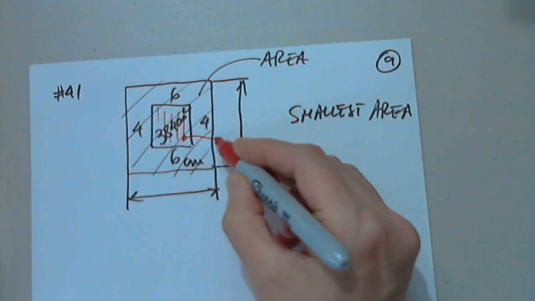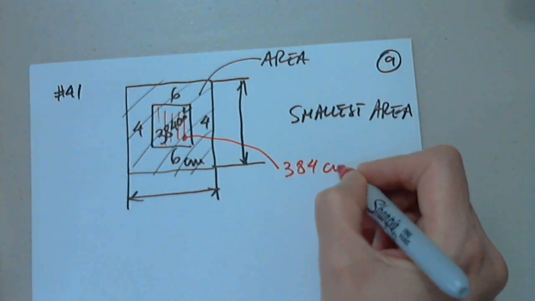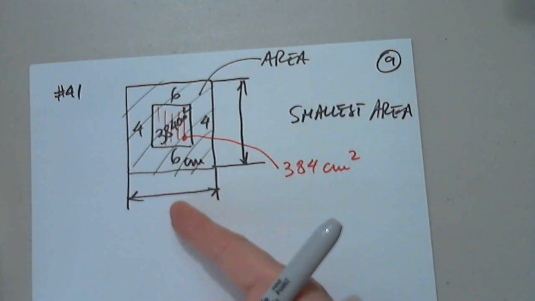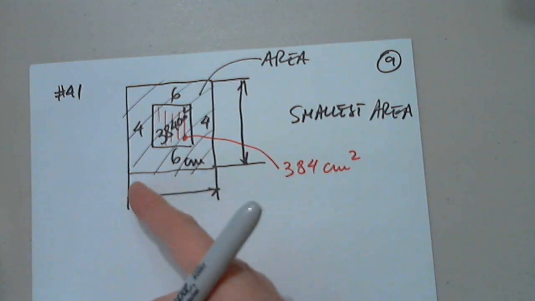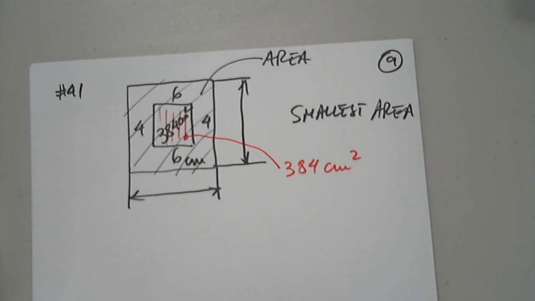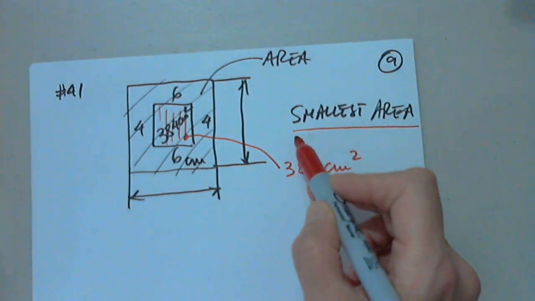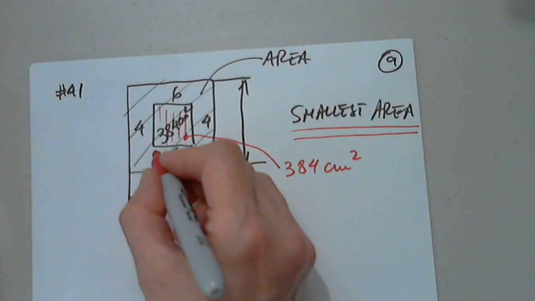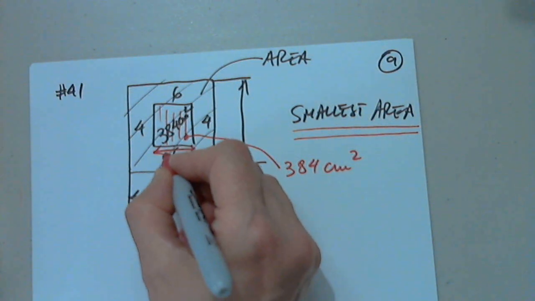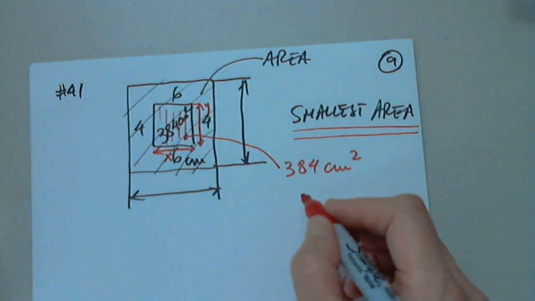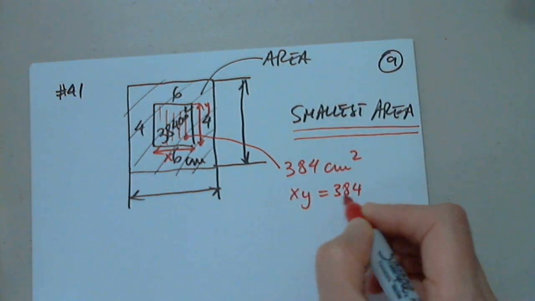So the printed area inside is 384 centimeters squared. But we want to determine the base and height of the poster that will give the smallest overall area. If I denote this piece by X, and this piece by Y, then I know that X times Y has to be 384. This is fixed.